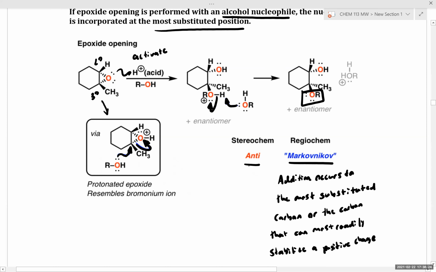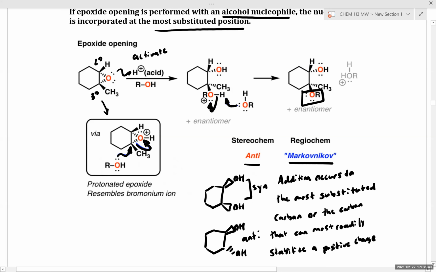When we say anti-stereochemistry, if we have a ring system here, and our two substituents, let's suppose our two alcohols in this case, are on the same face, we call this syn selectivity. If our two alcohols or functional groups are on opposite faces of our molecule, we would call this anti.